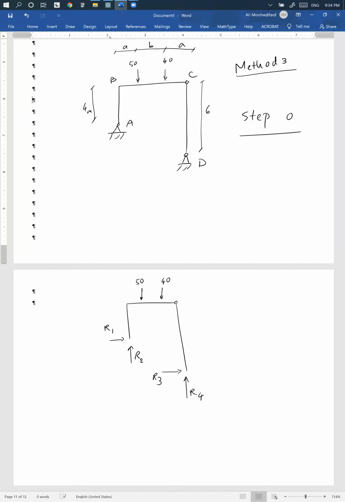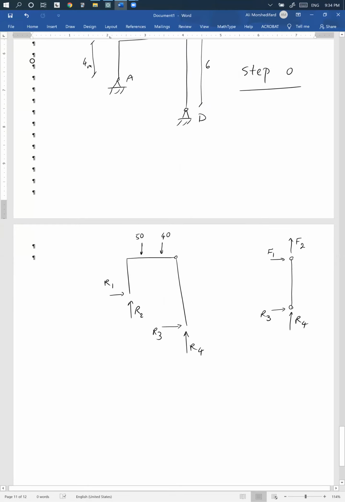So I separate this right member. If I separate this right member, I have R3, R4, F1. You see, when you separate, these 2 forces jump out. I have F2. For this problem, I don't think you can avoid 2 equations, 2 unknowns, right?